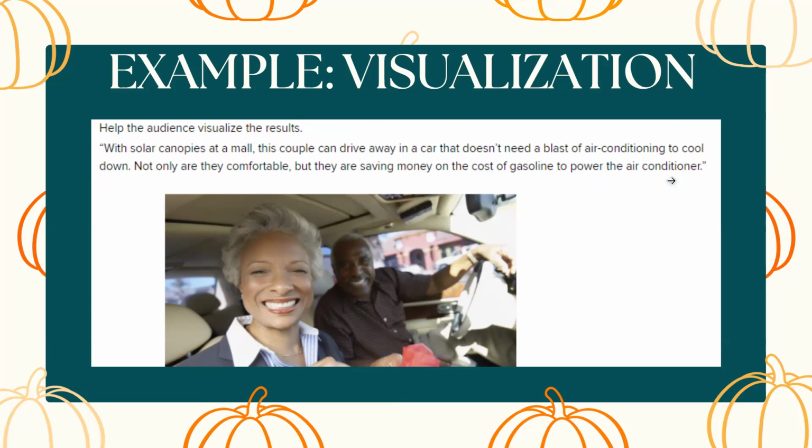Like the gal talked about in the video on Wednesday, this is a positive visualization, but I want you to do the contrasting. So I want you to have a negative one, which shows life without, and a positive one, life with. And remember, she said your visualization will usually have an "imagine this" or "picture this." That will be how your visualization usually starts.